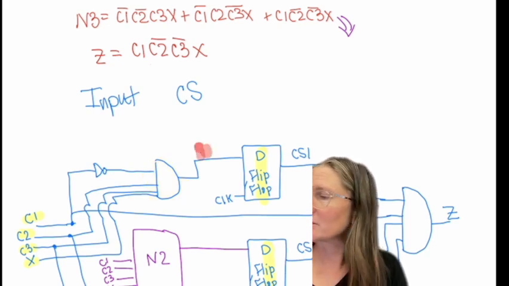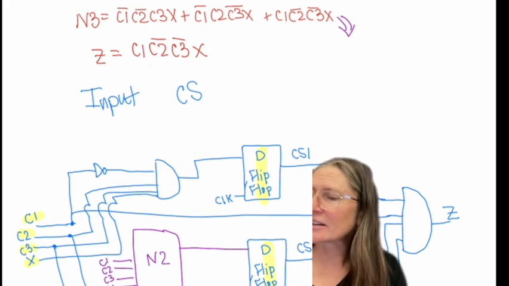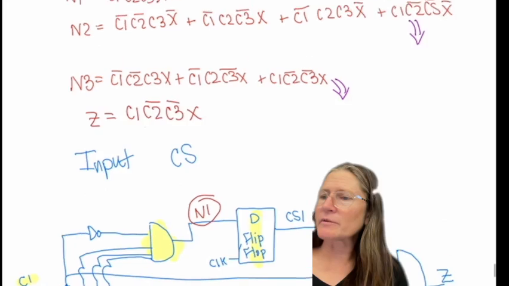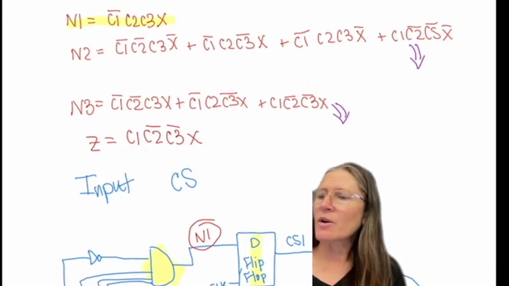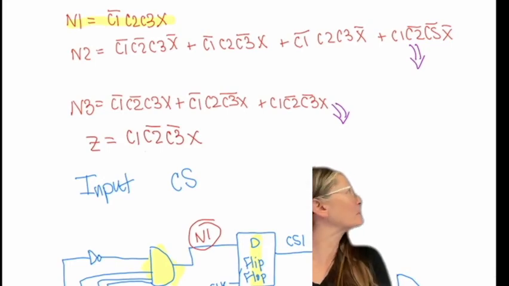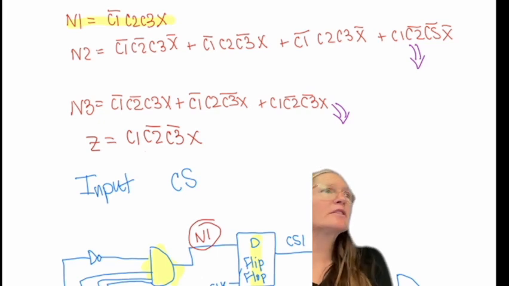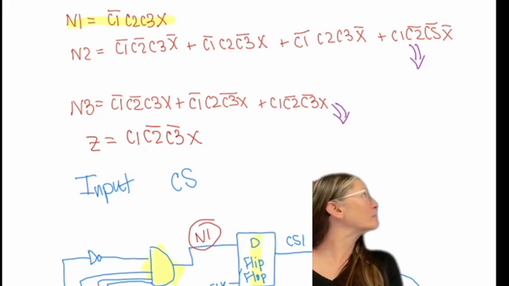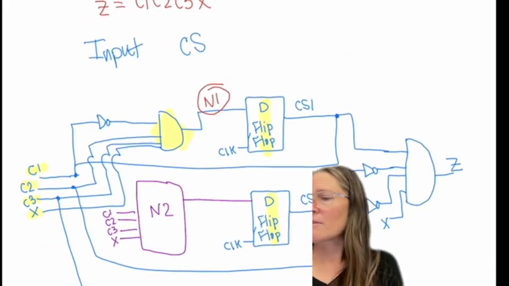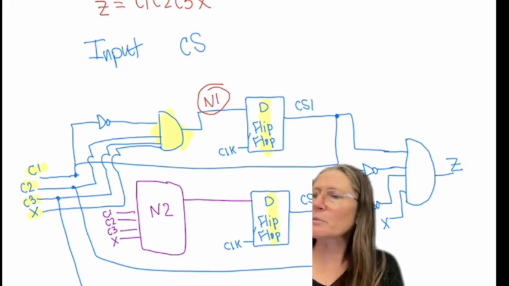This wire right here is called N1. And N1 was just an AND gate only, a 4-input AND gate of C1 bar, C2, C3, and X. So my C1, C2, and C3 actually come from the output of the flip-flop.